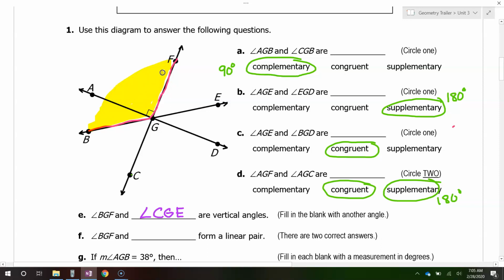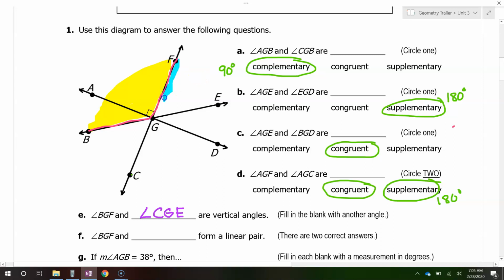Okay, now this has to be side by side with another angle that's going to form a straight line. So it's going to have to be this angle right here. Okay, maybe is there more than one? There's more than one possibility.